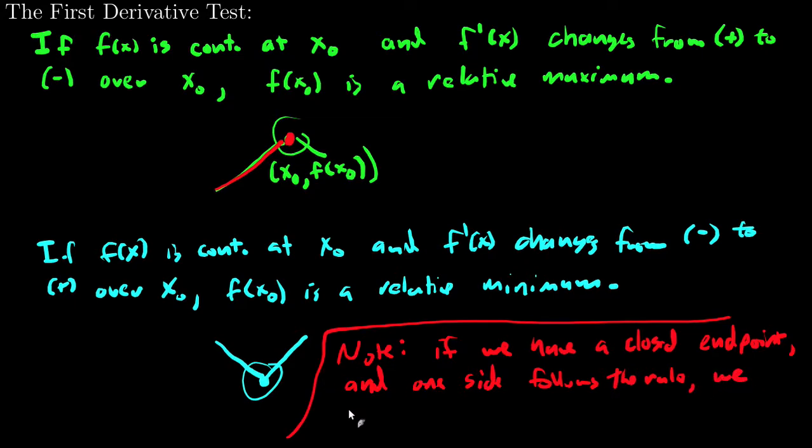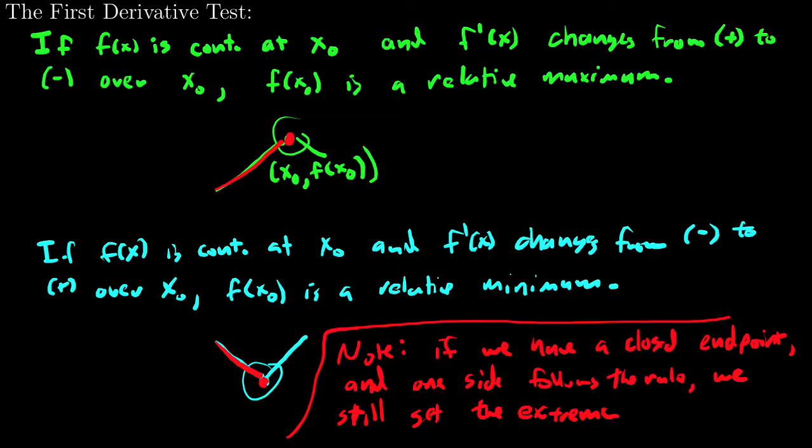So we still get the extrema. And similarly, in this case, if this is a right endpoint, so I'm only coming in from the left, and you see it's negative from the left, this will be a minimum.